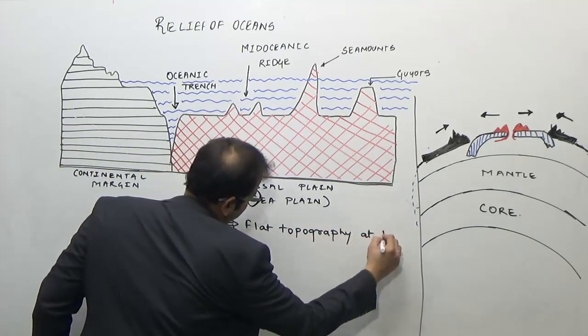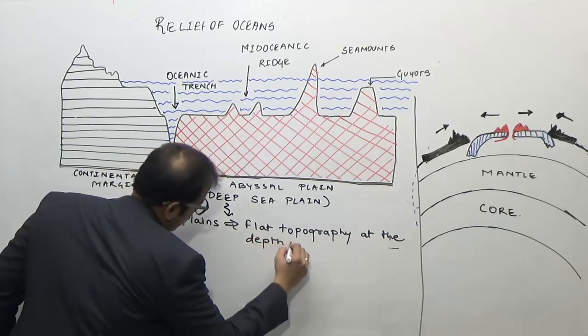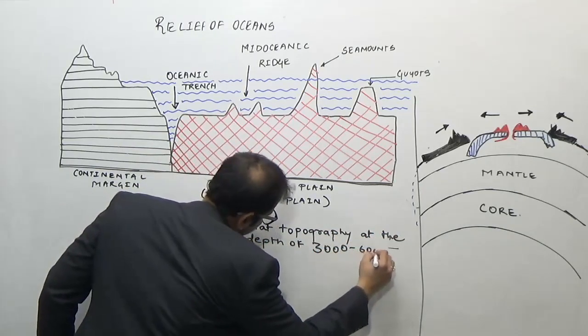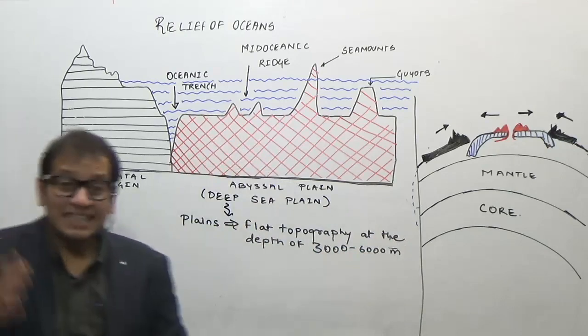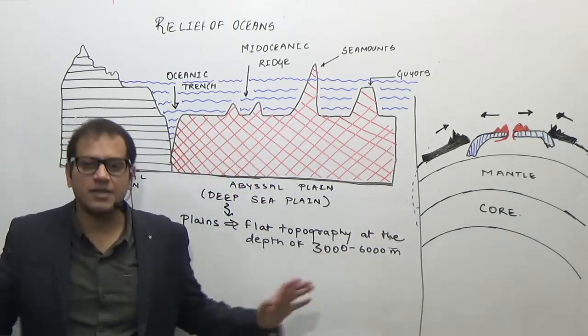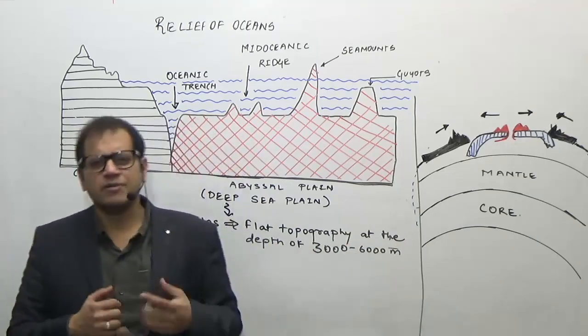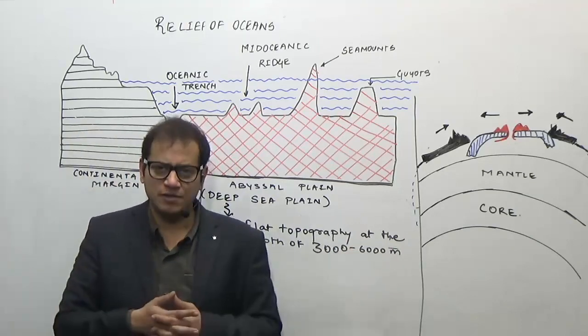At the depth of 3,000 to 6,000 meters from the surface of the earth. So at a greater depth of 3,000 to 6,000 meters, the flat rolling surface is known as a deep sea plain. Earlier, it was thought that everything is flat inside the surface of the earth.